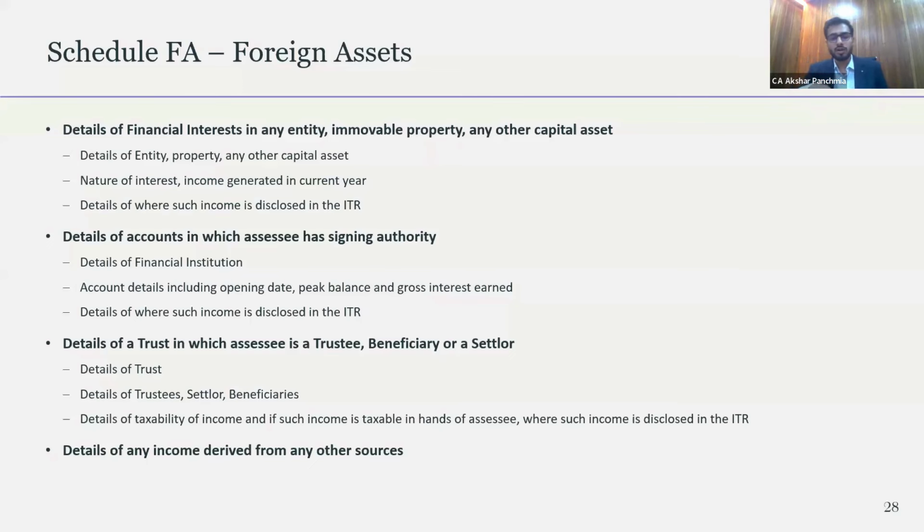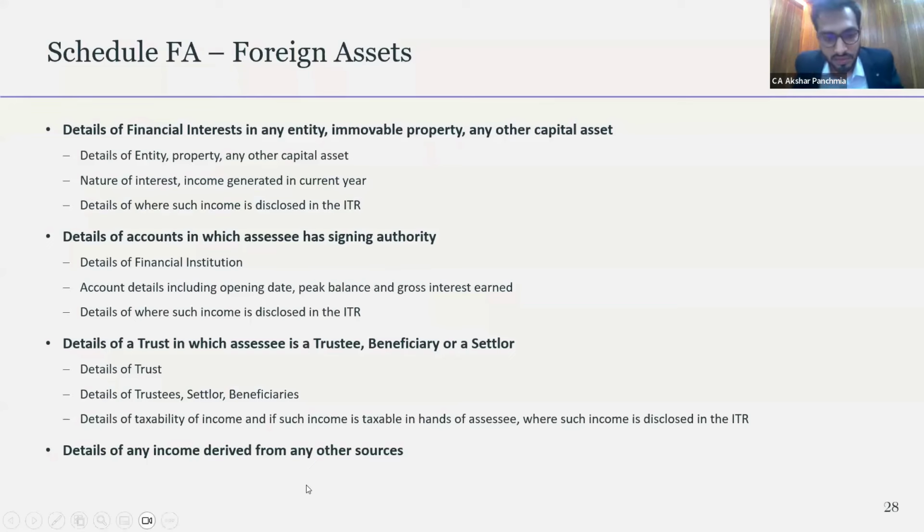Because if you are not a part of the company and you still have the signing authority, you might not have access to that bank account, you might not have access to the statement. In that case, you will not know what the peak balance or the gross interest earned during the year is. So one has to be very careful about such things.